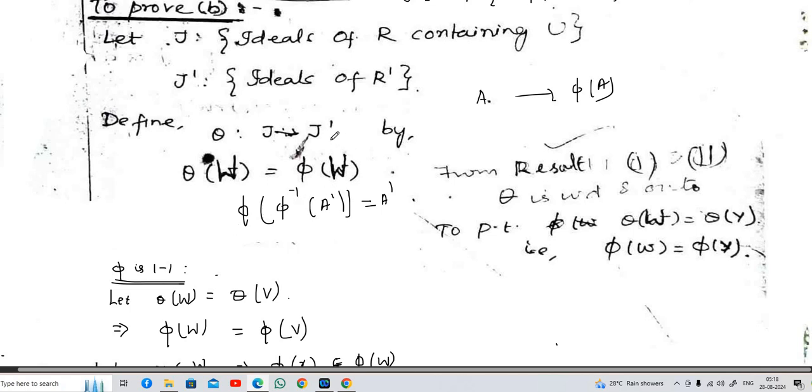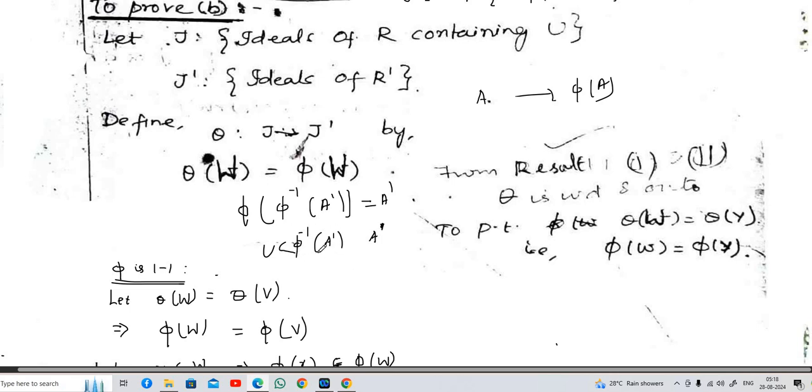And for the second one, you consider any arbitrary ideal here to be say some A prime. Then what acts as the pre-image is phi inverse of A prime, because in the second result we proved that whenever A prime is an ideal, phi inverse of A prime is also an ideal. And not only that, U is contained in this, that is also established.